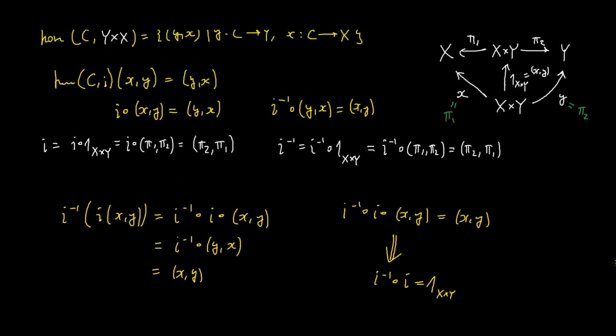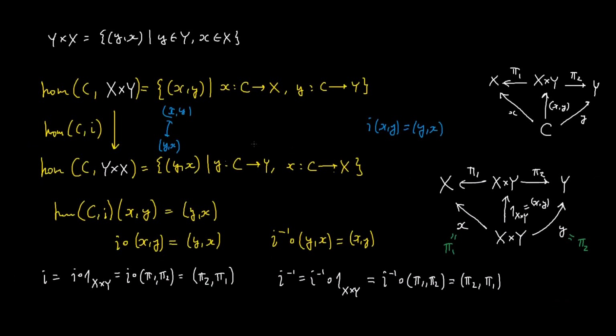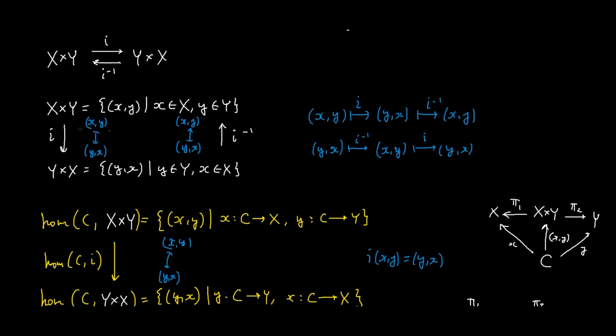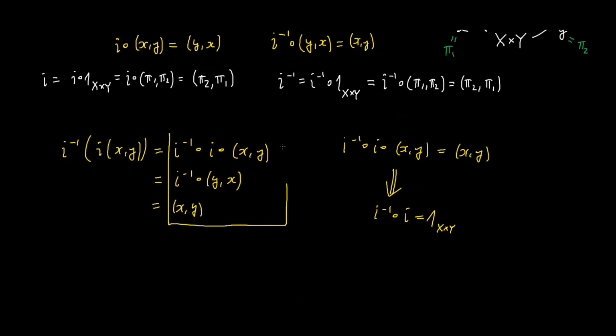Okay. Well. So the proof I know in the case of sets, which I've adapted to generalized sets, of proving that I and I inverse are inverses, this is the proof for sets, right? The proof I know, I translate it to a general category. It gives me this proof. It gives me that I inverse I composed with xy equals xy. But it doesn't seem to give me what I want.